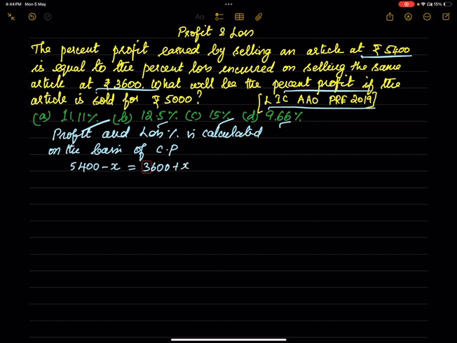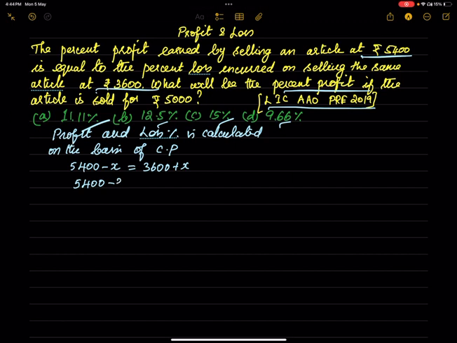We don't know the cost price. We are going to find out what is gained or lost, comparing both transactions.